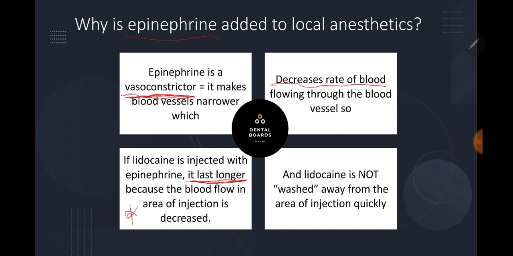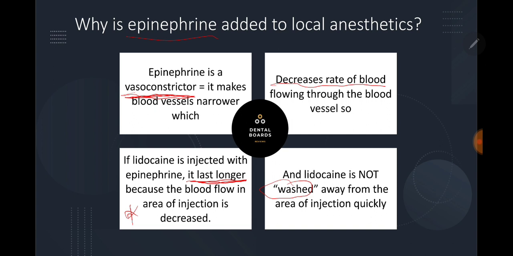Now, when you add epinephrine, lidocaine is not washed away from the area as quickly. I want you to understand this again. Lidocaine by itself is a vasodilator. So if you give it by itself, it's going to last a few minutes, 10 to 15 minutes.